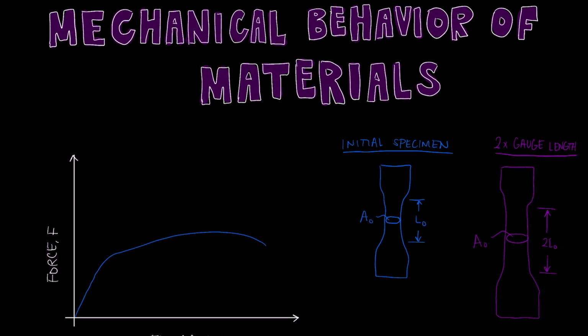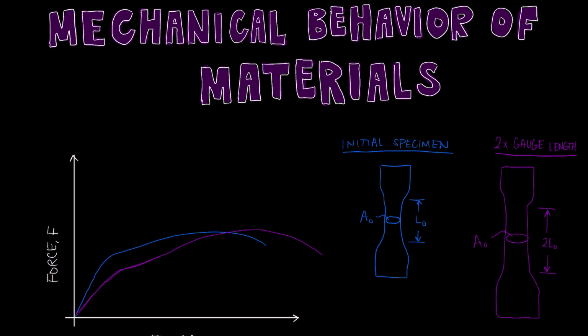We're just testing a specimen with twice the gauge length of the initial specimen. Now our force elongation curve is going to look different. And if you haven't already guessed, it's going to look a little bit flatter. And that's because this force elongation curve depends on the geometry.